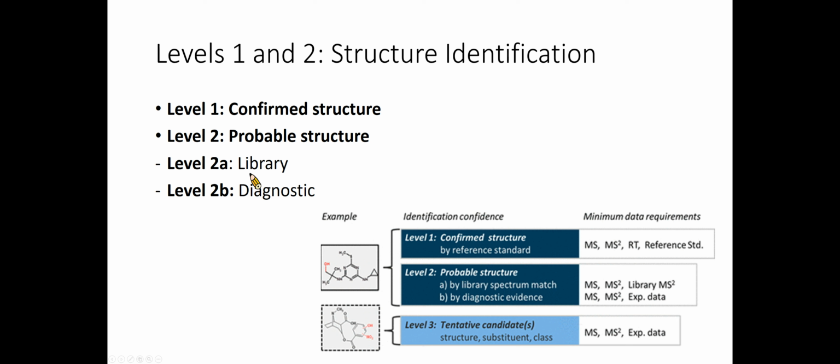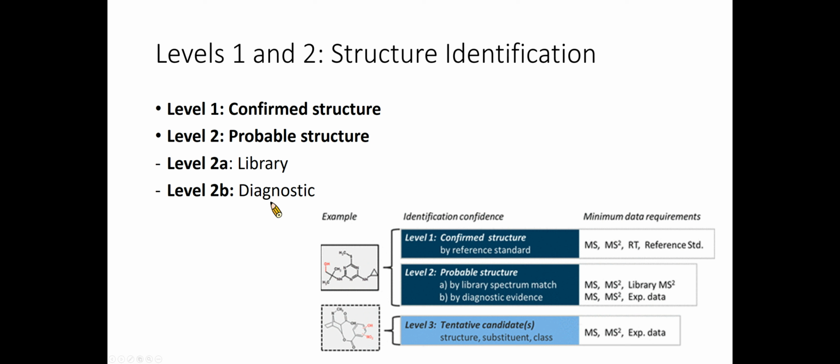Desirable additional evidence such as retention behavior would require, for example, a retention index for both the measured and matched spectrum, established for GC-MS but not yet sufficiently for LC-MS based techniques.